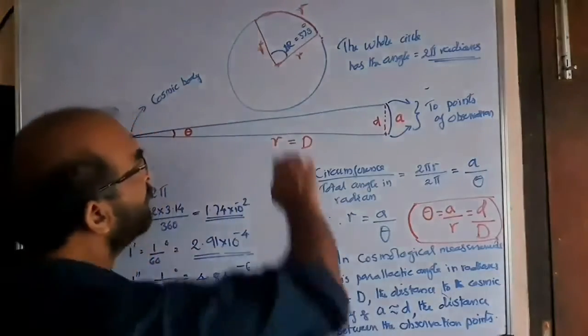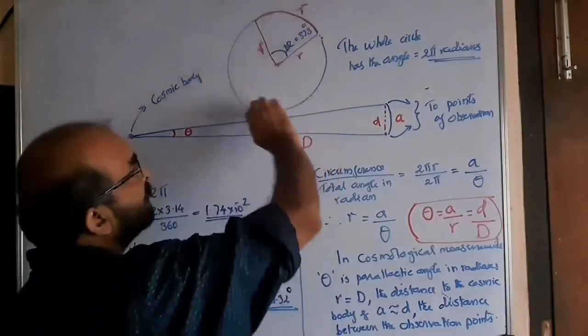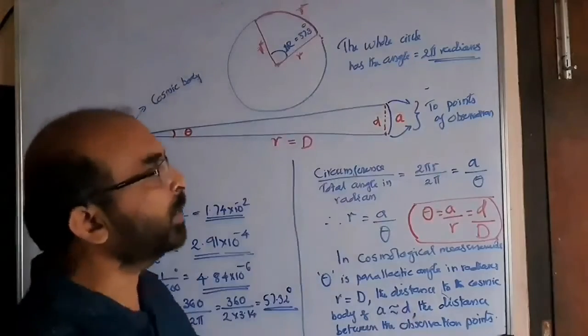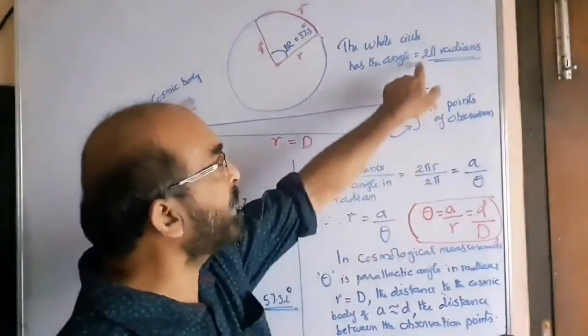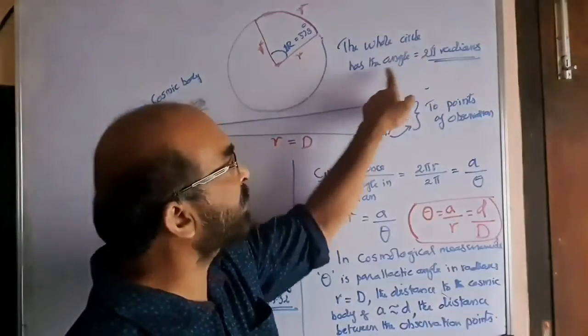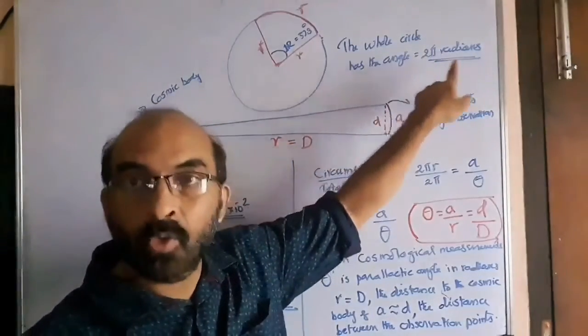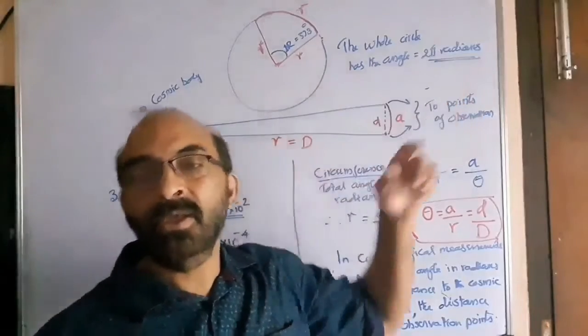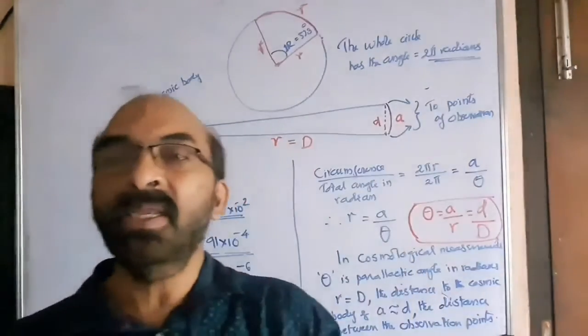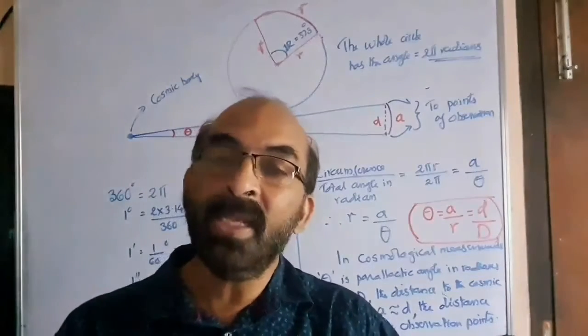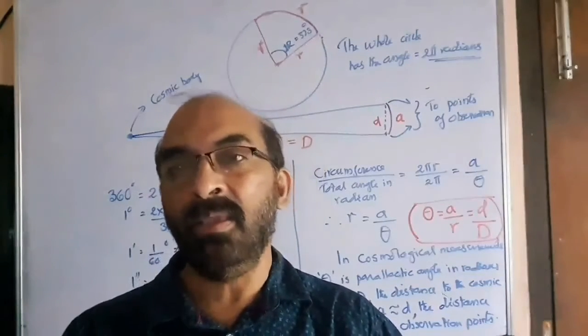And in that case, the total angle in terms of radian is obtained as 2 pi radians. The whole circle has the angle 2 pi radian. So we have to remember that 360 degree and 2 pi radian are equivalent.